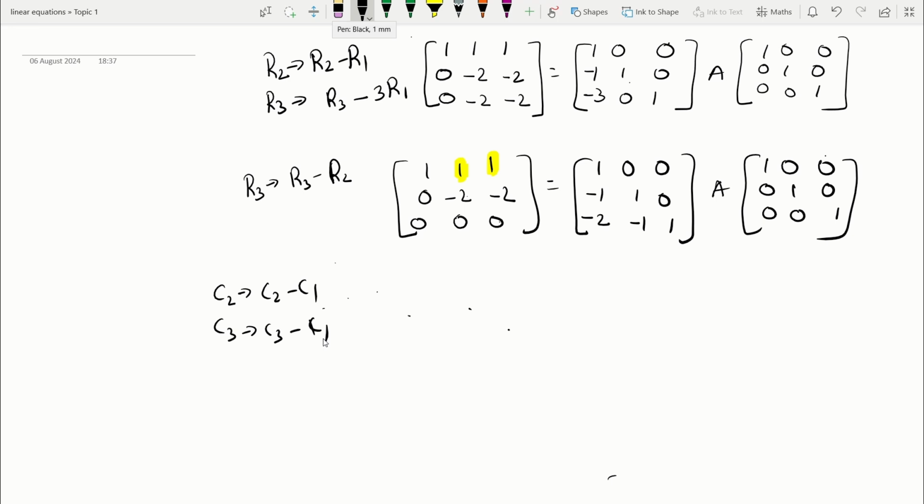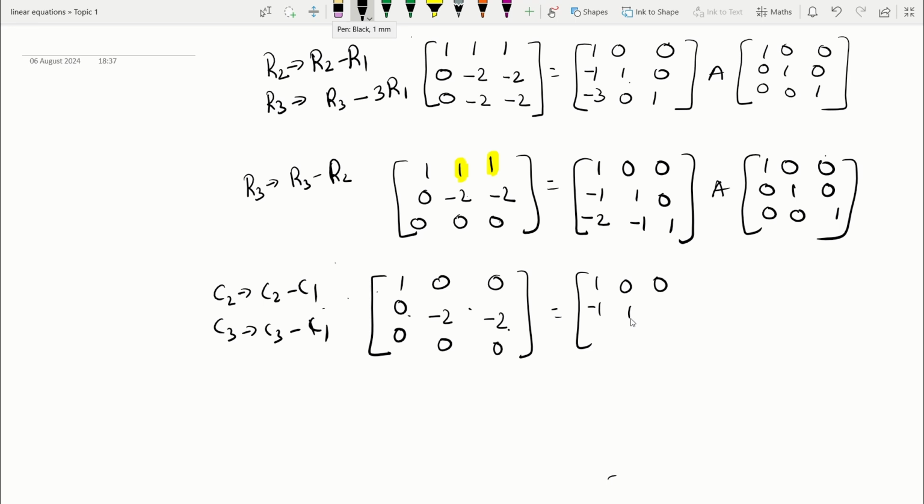Row operations affect the first matrix: 1 0 0; minus 1 1 0; minus 2 minus 1 1. Then A into the identity 1 0 0; 0 1 0; 0 0 1.